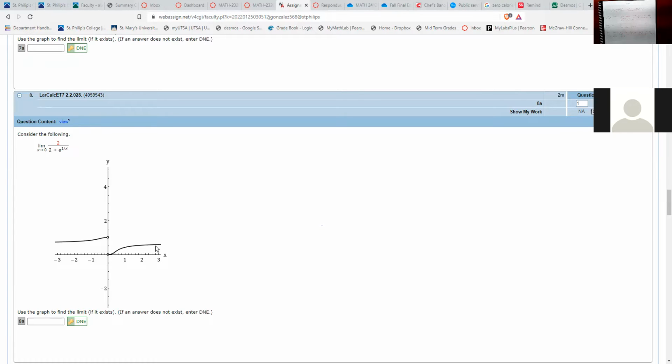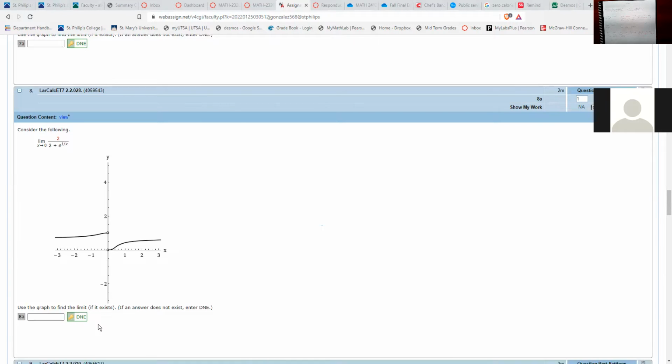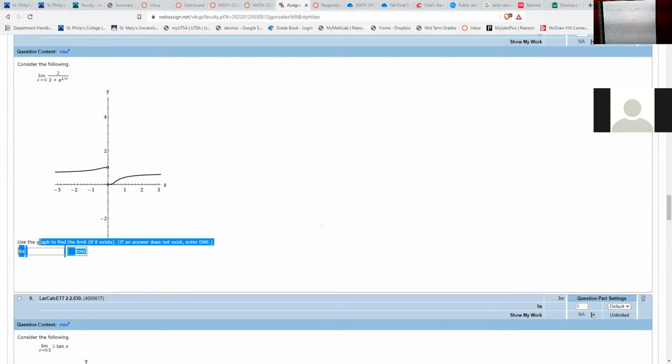From the right side, what is my function going to? 0. Yeah, 0. So those are two different numbers, correct? Therefore, the limit does not exist, right?